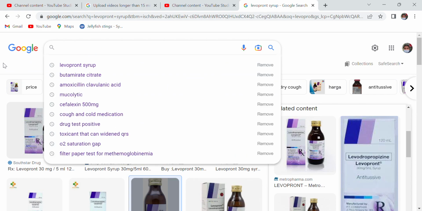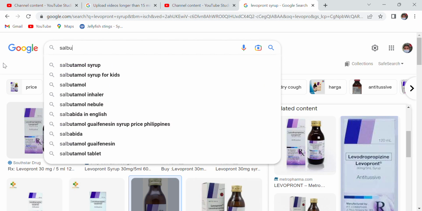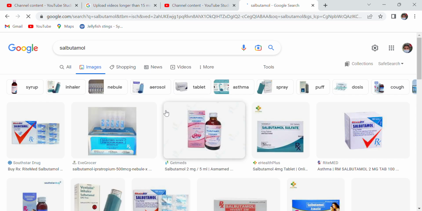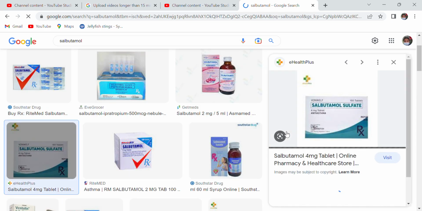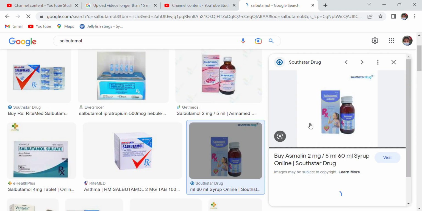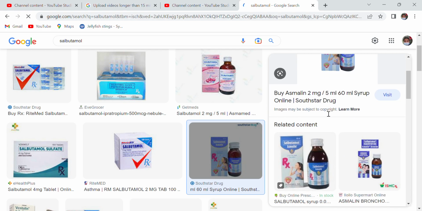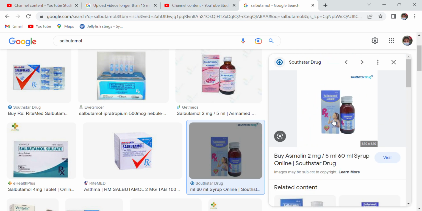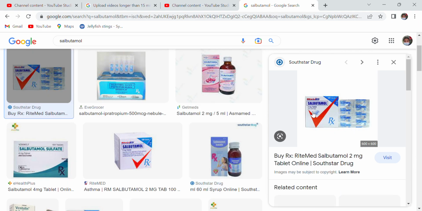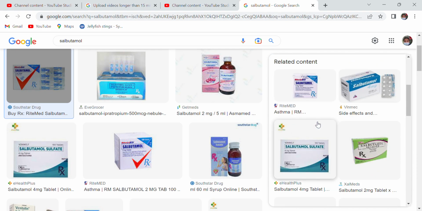Then you need to take salbutamol. When you say salbutamol, the medication is more on the anti-asthma. So you have here Asthmalin. The label will have this anti-asthma.